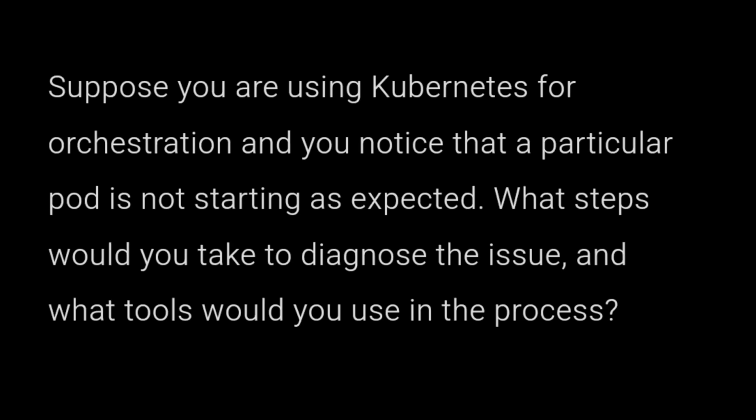First thing, we will check pod logs by using kubectl logs and the name of the pod, and we can describe the pod, kubectl describe pod and the name of the pod, to check if any events are there, and we can check if images exist, like kubectl get pod and kubectl get events.